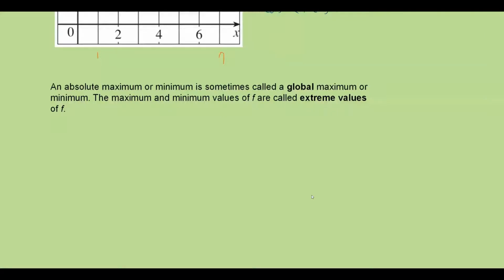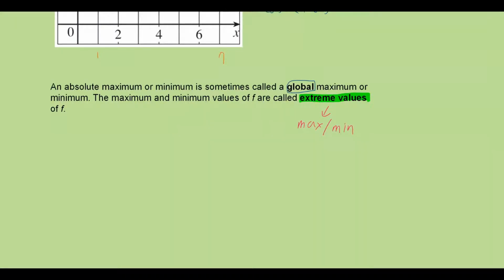Okay. And absolute maximum or minimum is sometimes called global, right? We can interchange the words absolute and global in terms of maximum and minimum. And furthermore, the maximum and minimum values of f are also called the extreme values, right? So extreme values of f includes maximum and minimum, right?